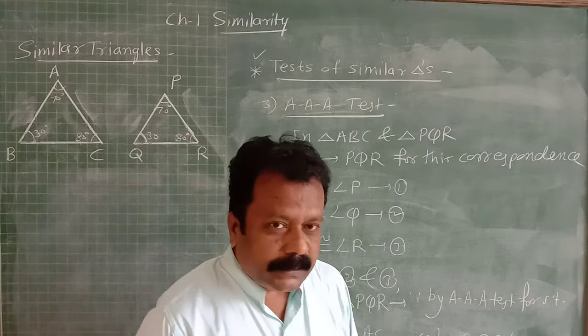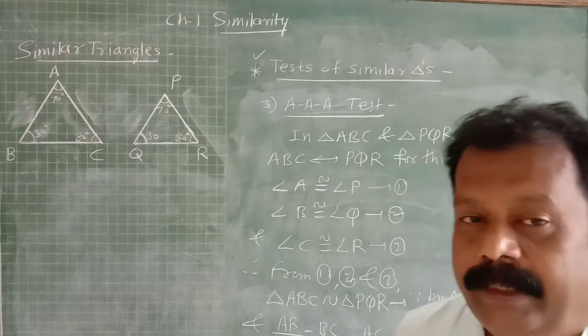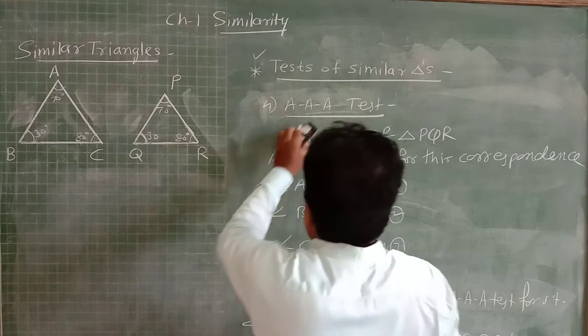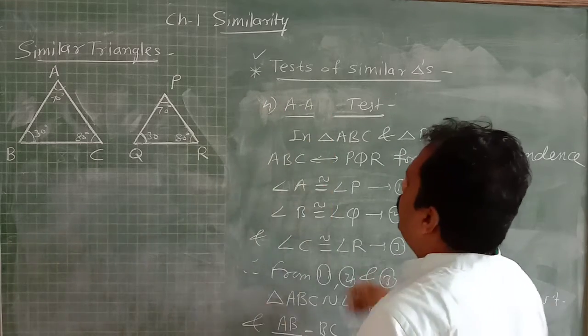Now the interesting one, the last test, that is the AA test for similar triangles. Only the AA test. Enough.